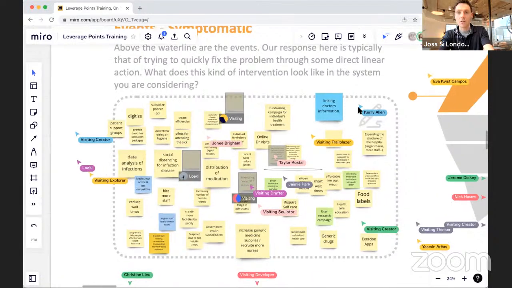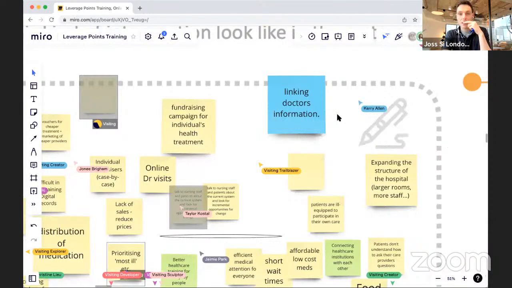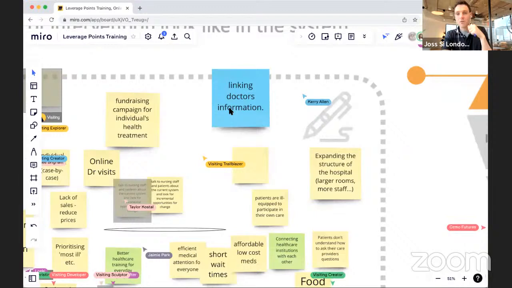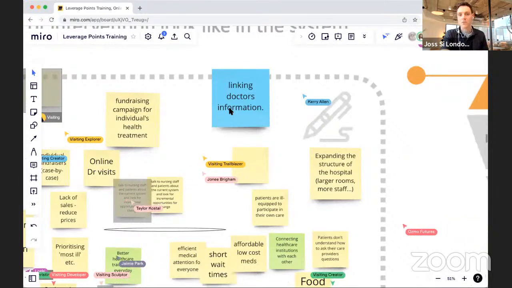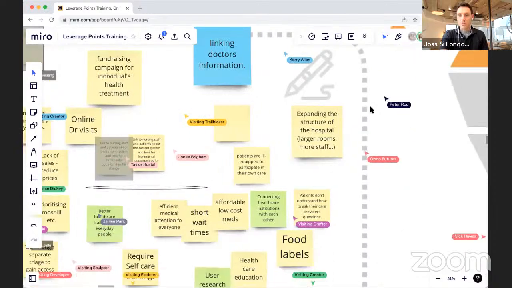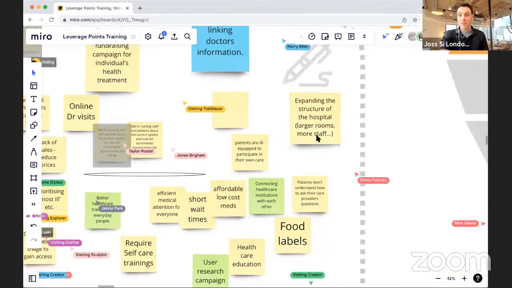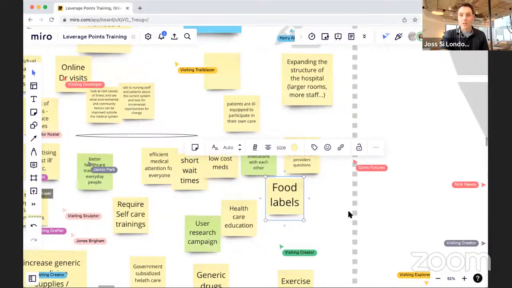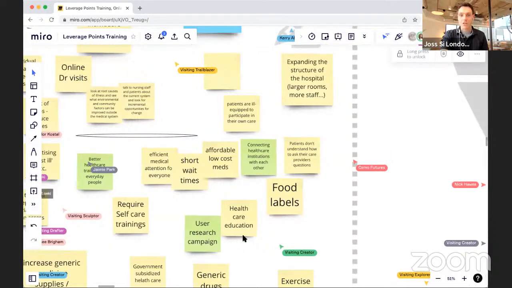Linking doctors' information. That might get a bit more to the structural level when we talk about information flows and structure of information. Expanding the structure of the hospital, larger rooms. Yeah, you can see that's a quantitative thing, isn't it? Food labels, healthcare education.